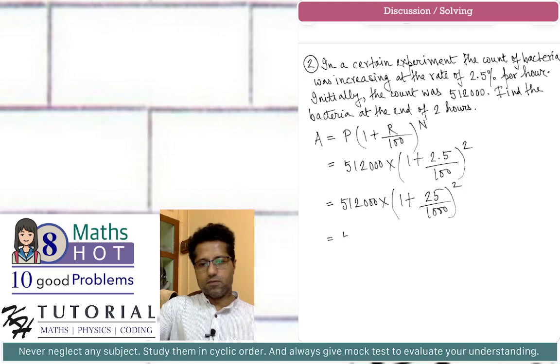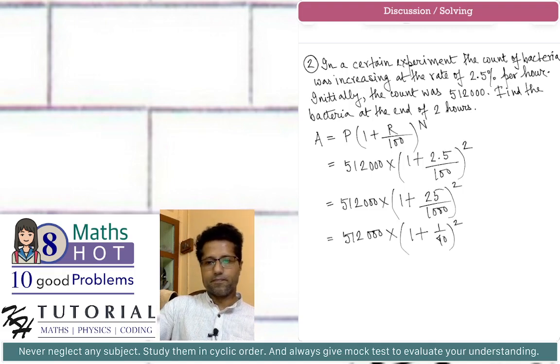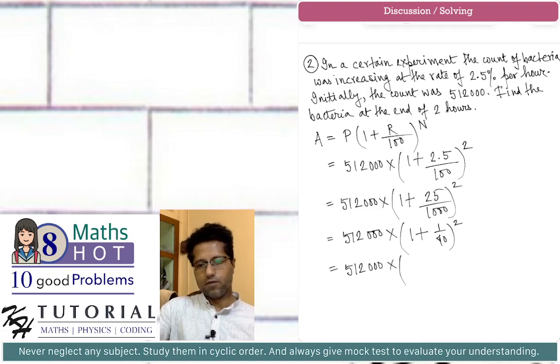This is equal to 512,000 multiplied by 1 plus 25 by 1000, which is 1 by 40, squared. This is equal to 512,000 multiplied by 1 plus 1 by 40, which is 41 by 40, squared.